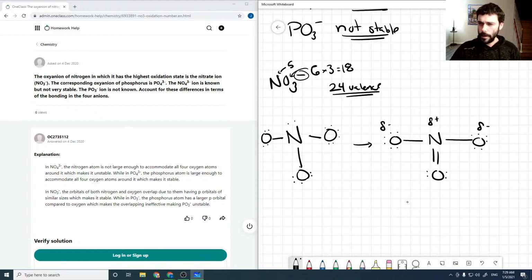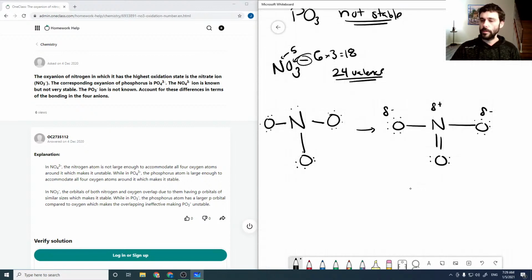Okay. The other thing to point out here, especially for this question, is that our nitrogen is sp2 hybridized. And to emphasize this a bit more, this double bond is being formed from a nitrogen 2p orbital overlapping with an oxygen 2p orbital.